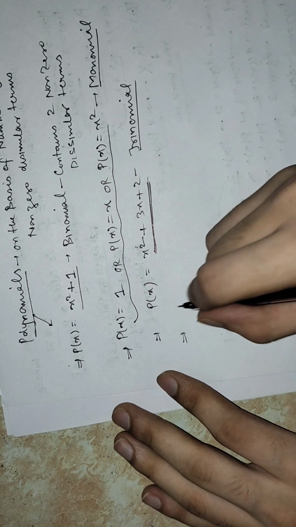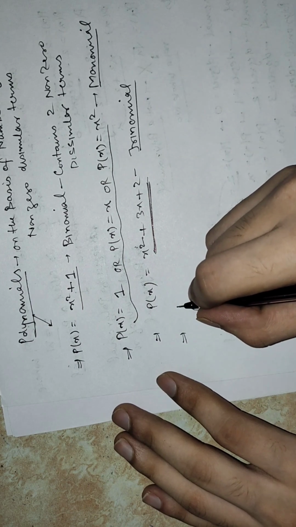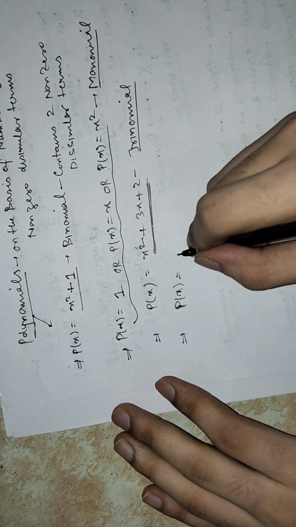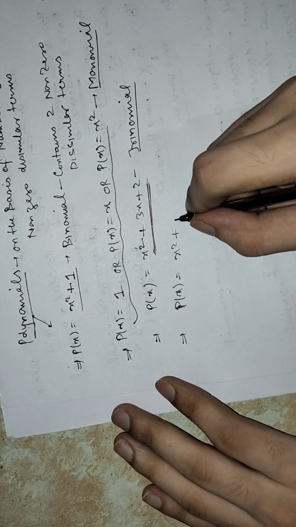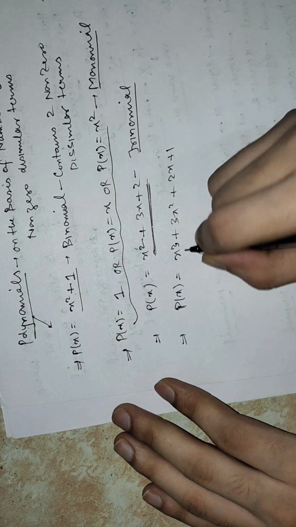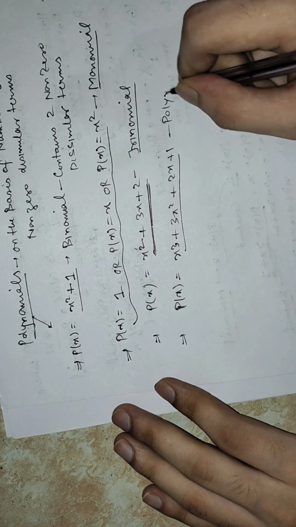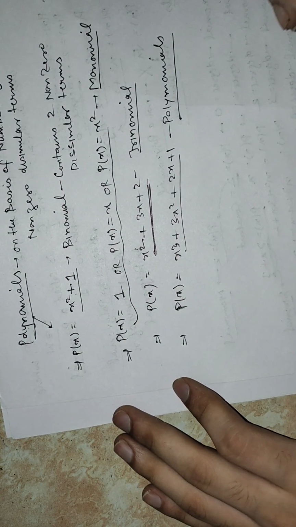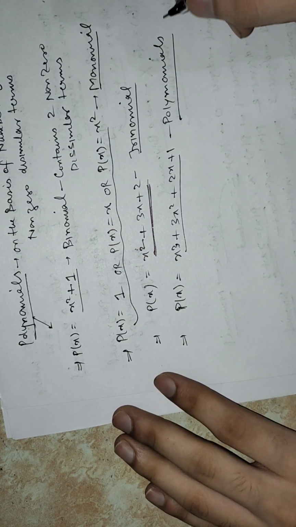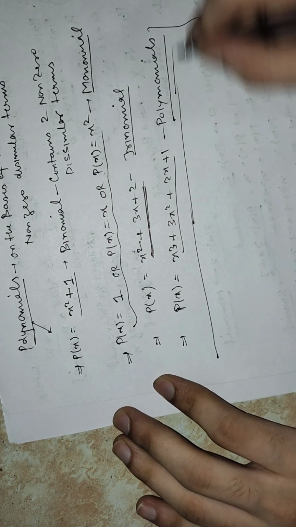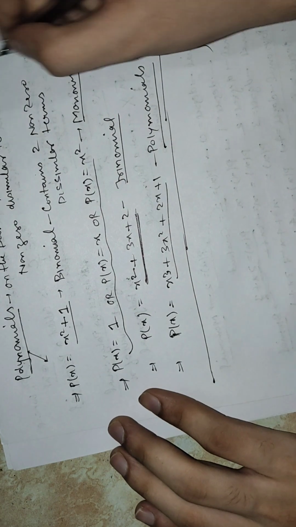And for greater than or equal to 4 dissimilar non-zero terms, we have P(x) = x² + x³ + 3x² + 2x + 1. For four or more non-zero dissimilar terms, we simply say polynomial. Basically, this is all about polynomials and their classification.